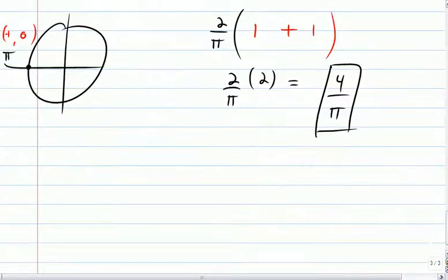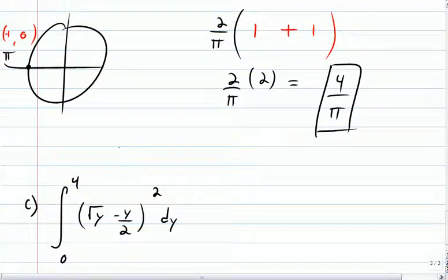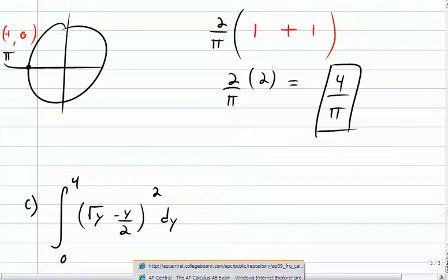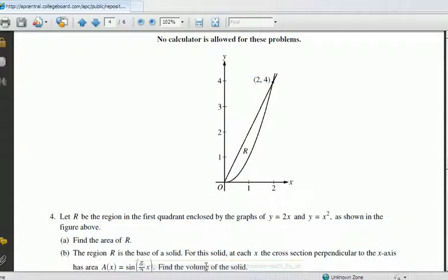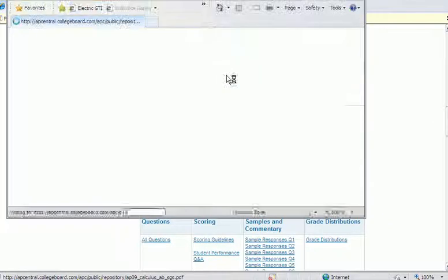We're going to go back real quick and look at these solutions now and make sure we got these right. So this is from, say, 2009 AB number 4. 2009 scoring guidelines.